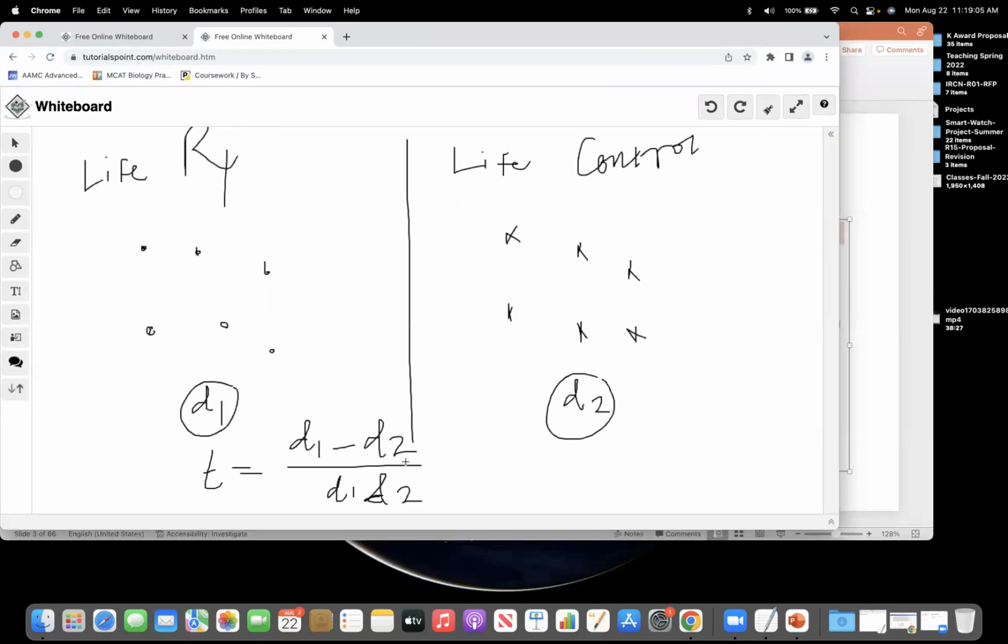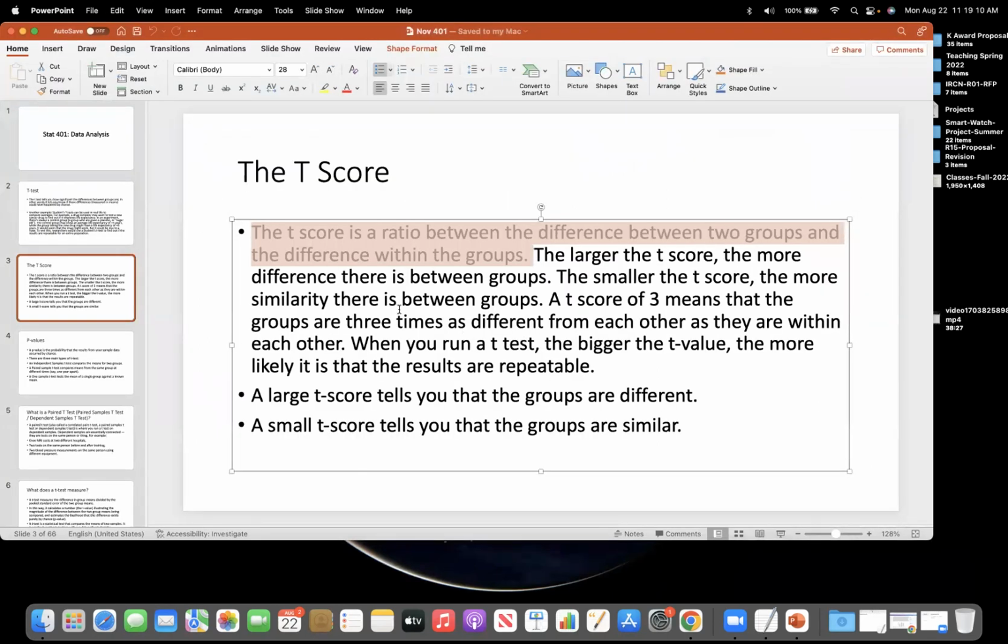The life expectancy differences within treatment is D1, and the life expectancy differences within control is D2. So that's a t-score. This is just an explanation.